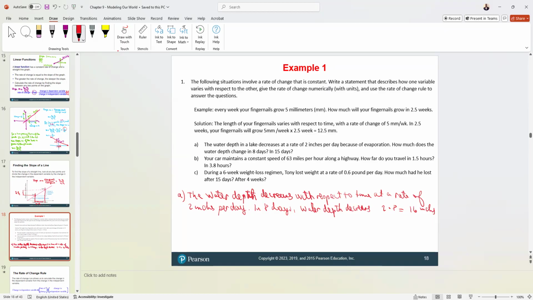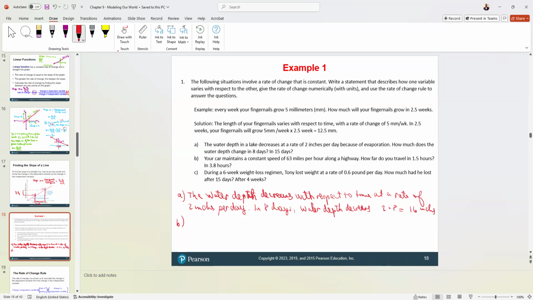If you look at B, it says your car maintains a constant speed of 63 miles per hour along the highway. How far do you travel in 1.5 hours? I'm going to do only one of them.